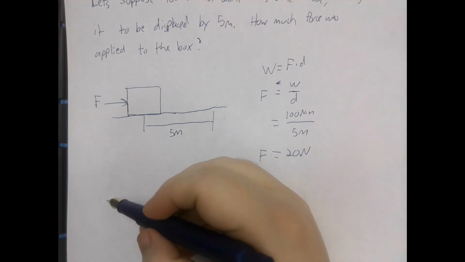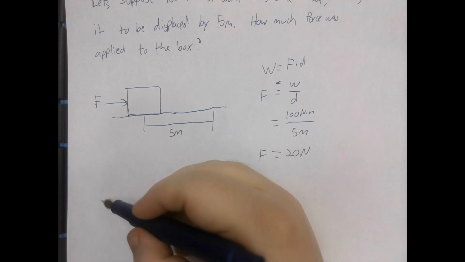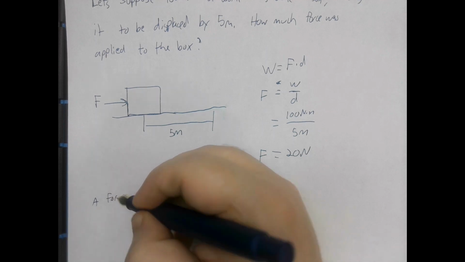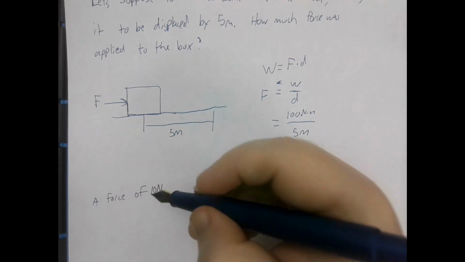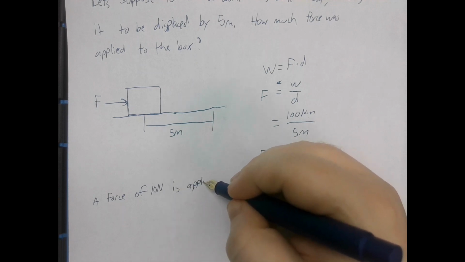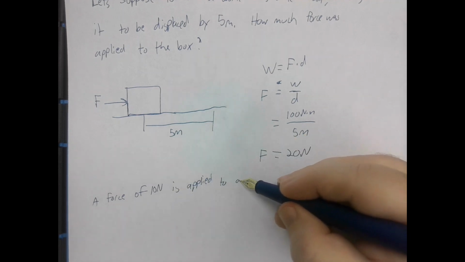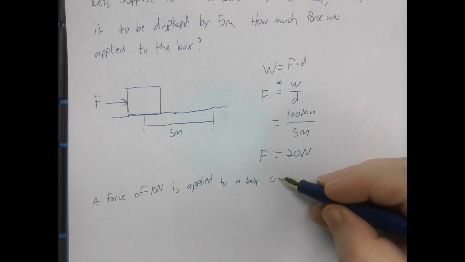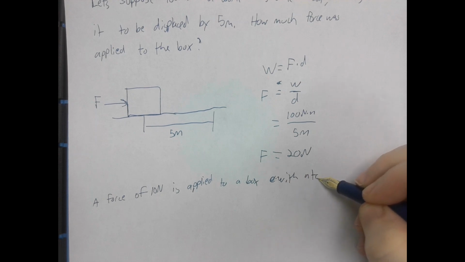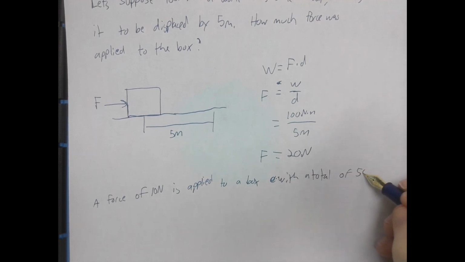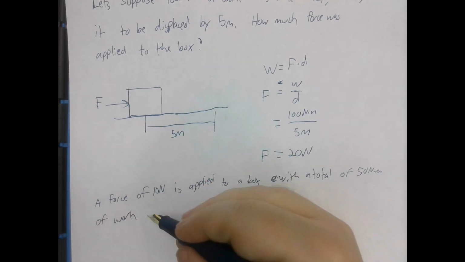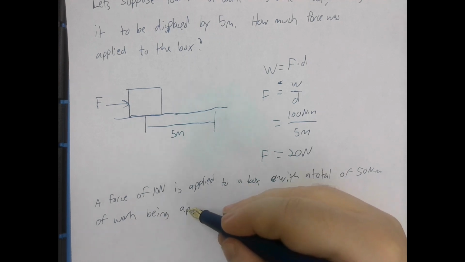We can also have a similar problem like this. A force of 10 newtons is applied to a box with a total of 50 Newton meters of work being applied to the box in total.